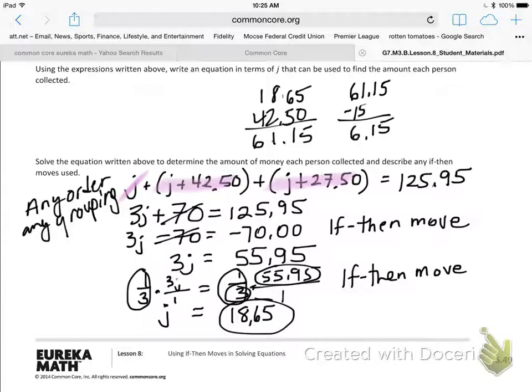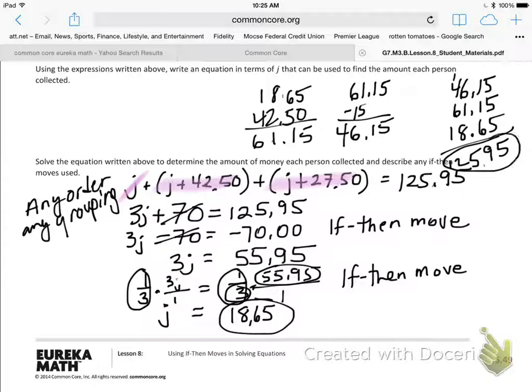That's 46.15. So if we add all these up, these should equal 125.95. Wish me luck. Okay, there we go. Yeah, we did it. 125.95. So we have proved it by plugging it back into J.